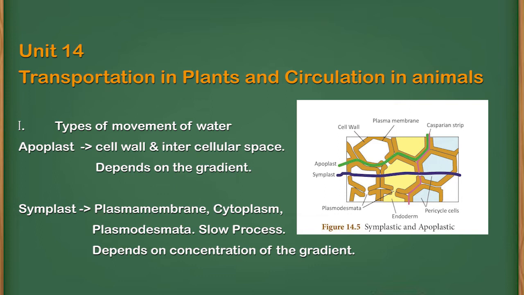It depends on the gradient. Then the next one is symplast. It passes through the plasma membrane, cytoplasm, plasmodesmata. It's a slow process. Then it depends on the concentration gradient. Okay, look at the picture again, you will get it.